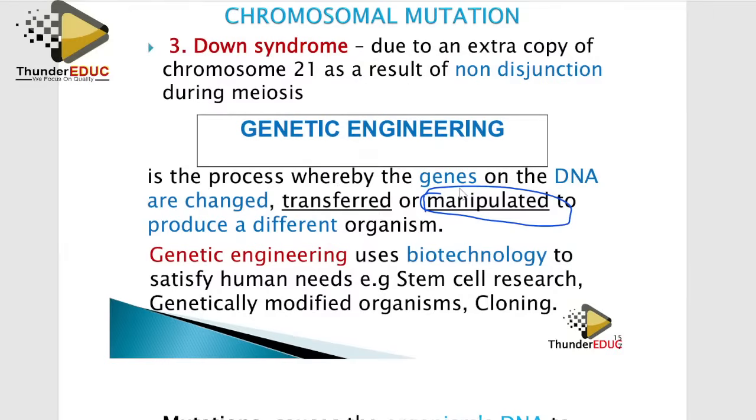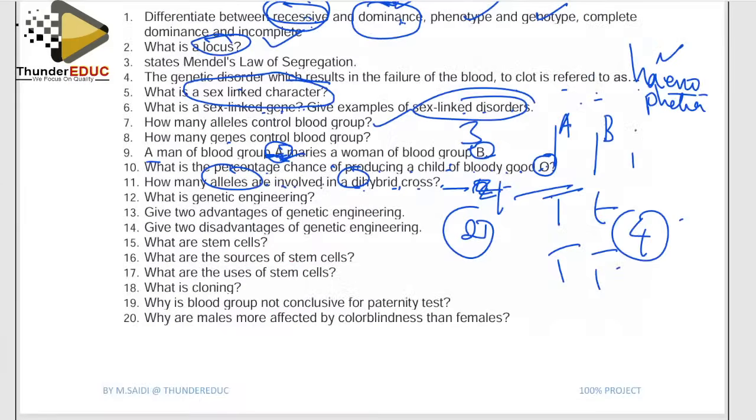So it's the process by which genes or DNA are changed or manipulated to produce different organisms. You try to manipulate it so that you produce something which is needed.